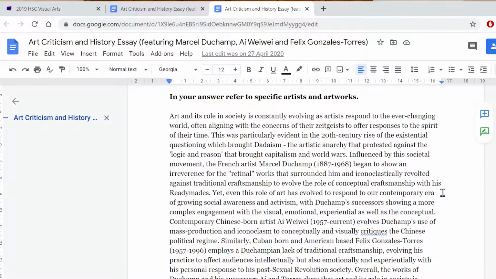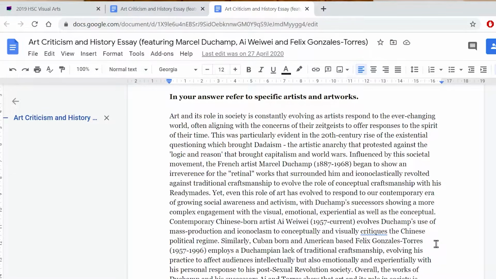Yet, even this role of art has developed to respond to our contemporary era of growing social awareness and activism, with Duchamp's successors showing a more complex engagement with the visual, emotional, experiential as well as the conceptual. Contemporary Chinese-born artist Ai Weiwei, 1957 to current, evolves Duchamp's use of mass production and iconoclasm to conceptually and visually critique the Chinese political regime.